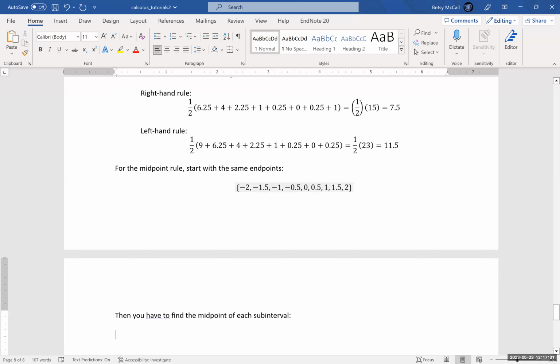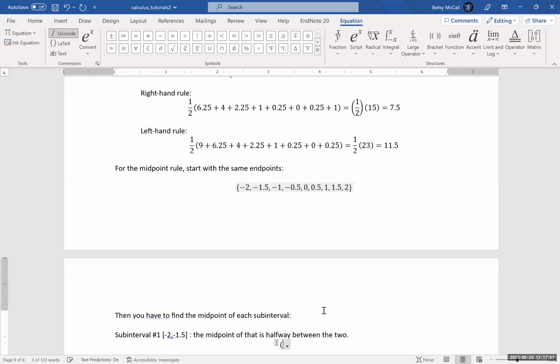So subinterval number 1 is -2 to -1.5. Well, the midpoint of that is halfway between, so you can find the average. One way of doing this is -2 plus -1.5 divided by 2, which is going to get you -1.75.